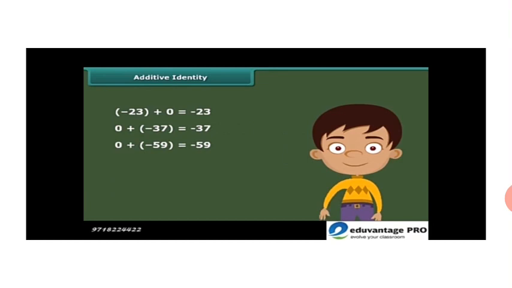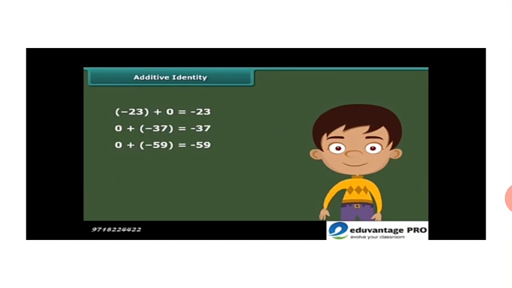Then the additive identity. Any positive integer or negative integer, when added with 0, gives the same number with the same integer sign. Now see, the first number is minus 3, minus 23 plus 0. Any number added with 0, the sign and the number are the same. Next, I am interchanging the 0 and the number: 0 plus minus 37, the answer is the same.